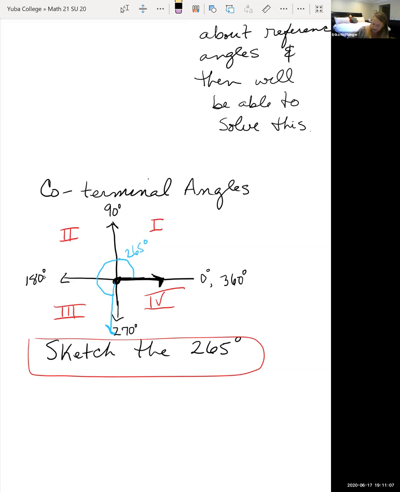So theta, which is equal to 265 degrees, theta is contained in, so a little symbol that kind of looks like a capital E but rounded, that means contained in quadrant, so I'm going to pick a capital Q, 3. So the quadrants are in Roman numerals.